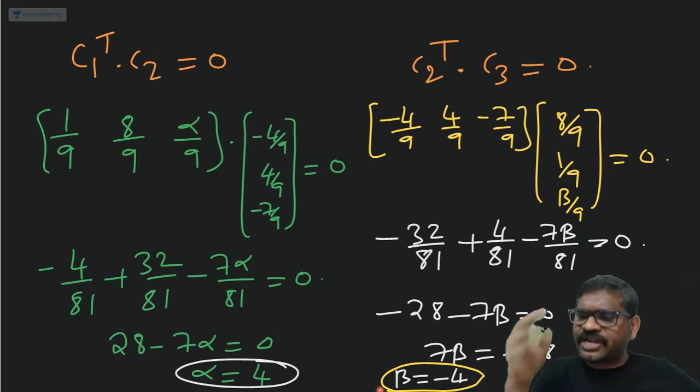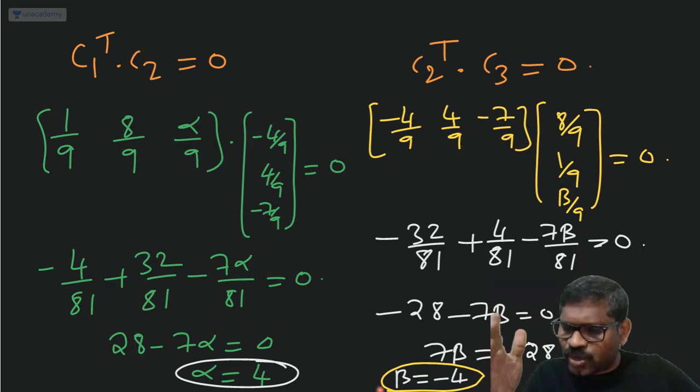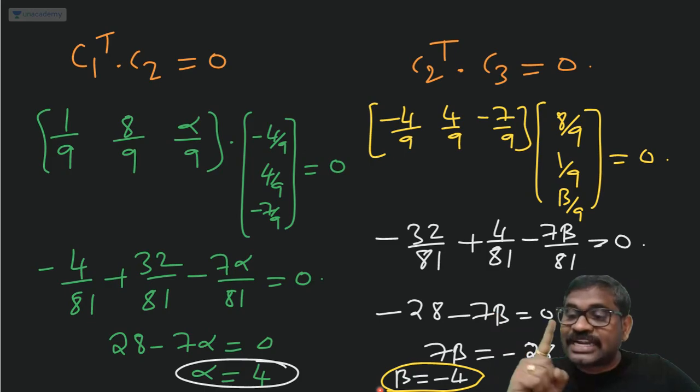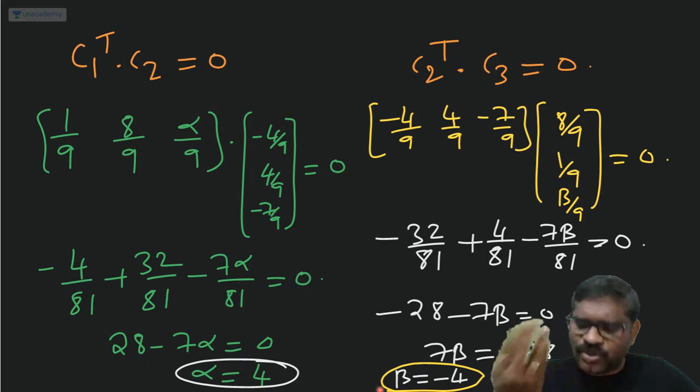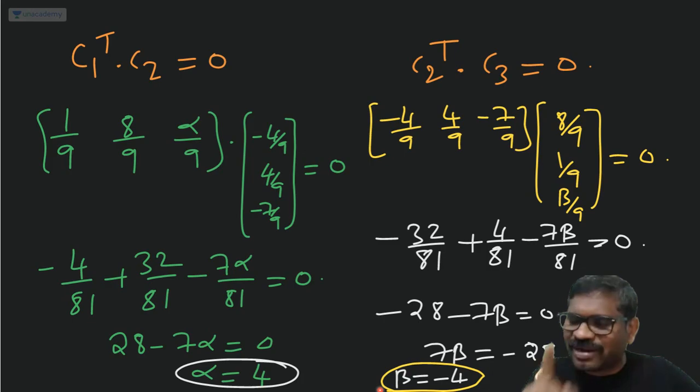You can take R1 transpose dot R2 also. The resultant matrix must be 1 cross 1. That is called inner product. Sir, why not R2 transpose dot R2? You can take, man. The result must be 1 cross 1. Like that you have to take.